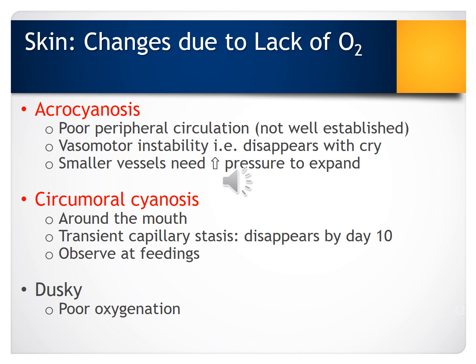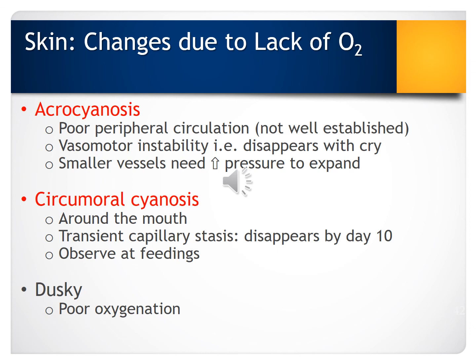Because of this poor or immature peripheral circulation early in the newborn's life, you may see the hands and the feet are not pink compared to the trunk and the rest of the body. This is acrocyanosis, and it is a normal phenomenon that doesn't usually indicate an oxygenation issue. It's mainly because of an immature circulatory system that's being established.